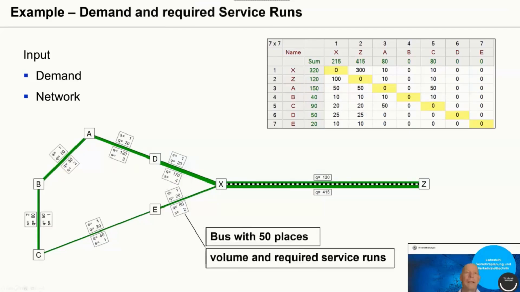Now, the next thing is, you know the capacity of your bus, and you divide the volumes, the 170 by 50, and you round it up, and you see that you need 4 services, a frequency of 4. And here you see a frequency of 2. If you look at it, you see that this is slightly different. You have more demand on this axis than on this axis.